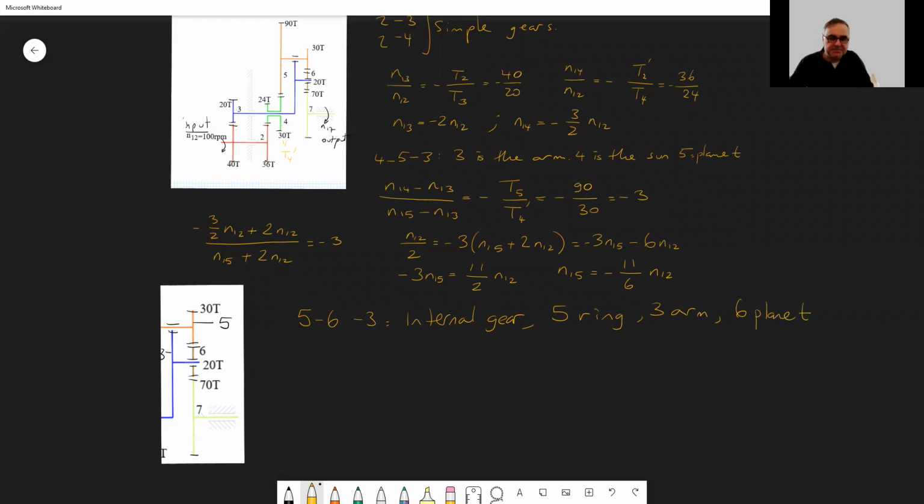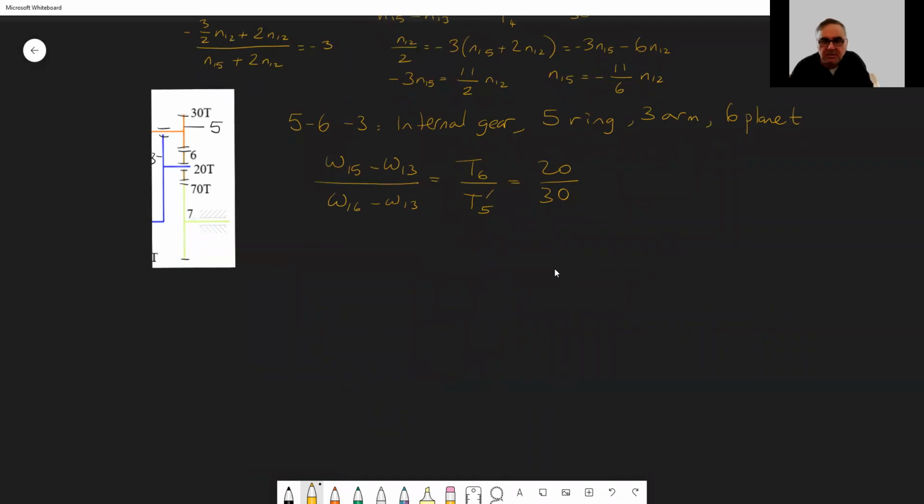Is that understandable? So you can write the following. Omega 15 minus omega 13 over omega 16 minus omega 13. Now you have a plus. This will be T5 prime, no, T6 over T5 prime, where T6 is 20 and T5 prime is 30.